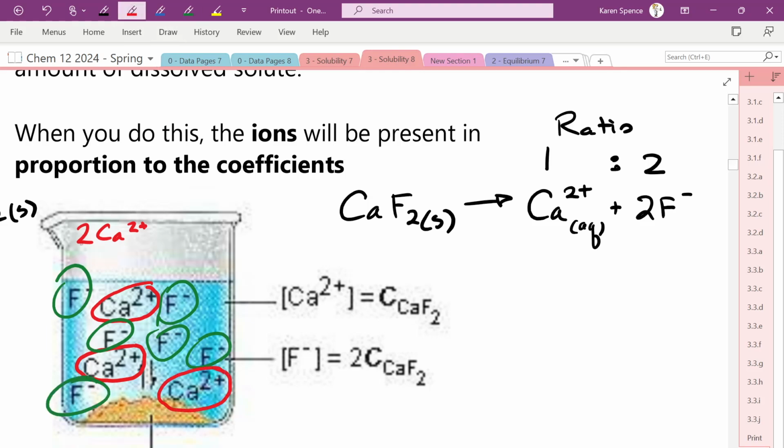That looks sad, but that's okay. 3 calciums, and we have 6 fluorides. So again, that is a 1:2 ratio. When you create a saturated solution by using the dump and stir method, you get a 1:2 ratio. The ions are proportional to the coefficients.